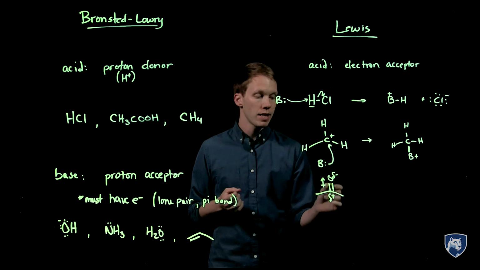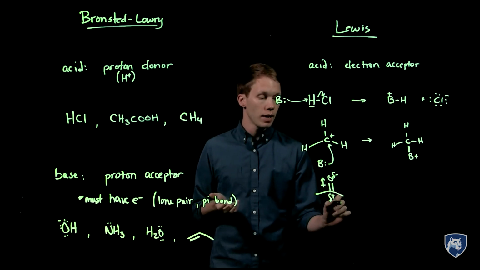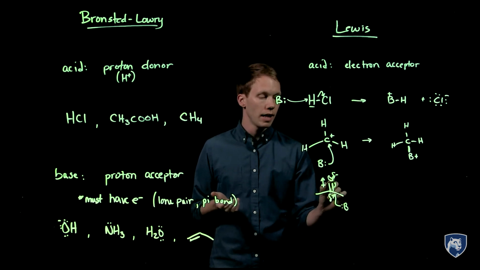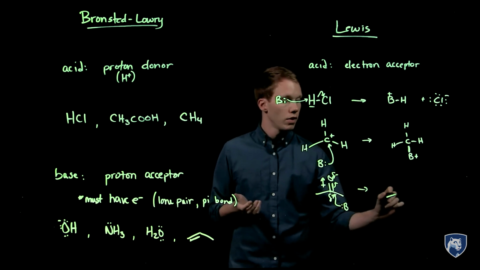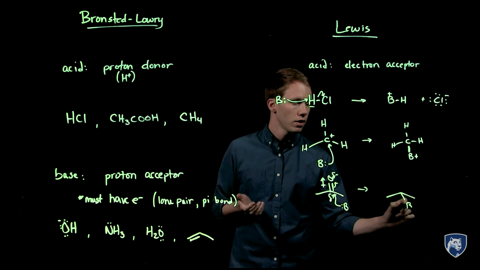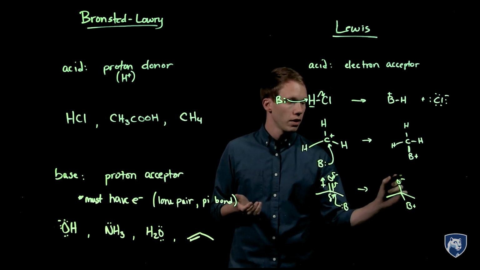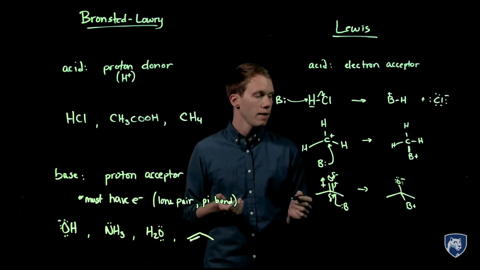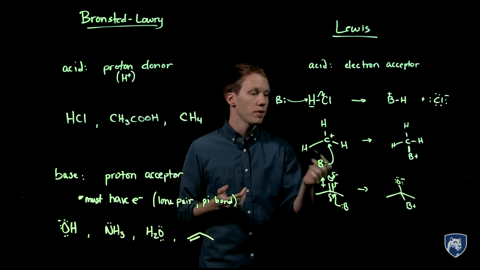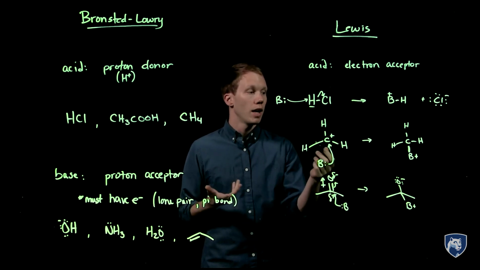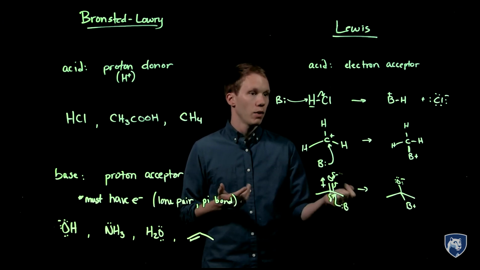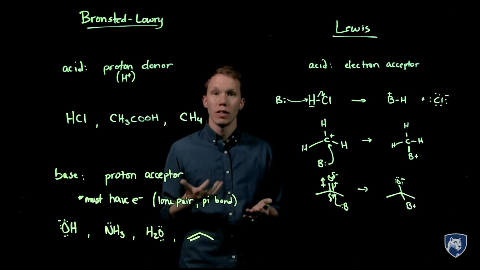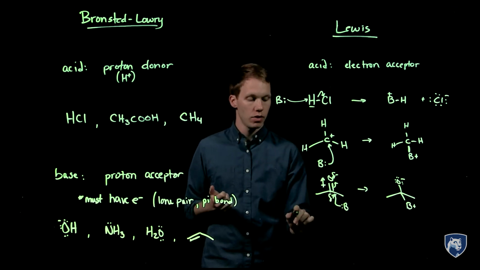And since the pi bond here is pretty easy to break, some base can come in and form a new bond with the carbon. Okay, so these are some examples of some Lewis acids reacting with bases.